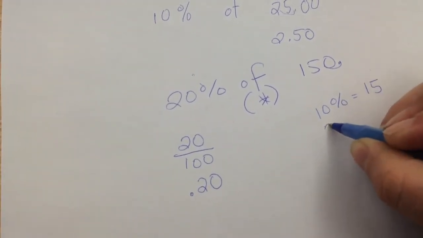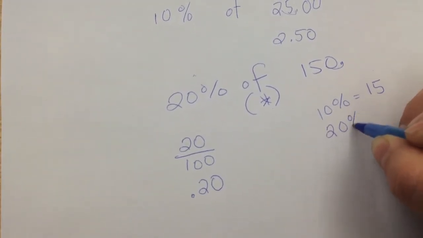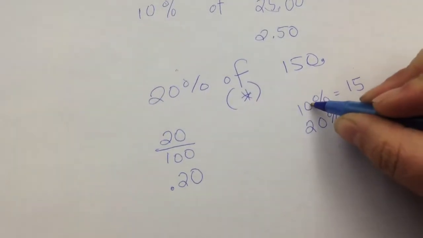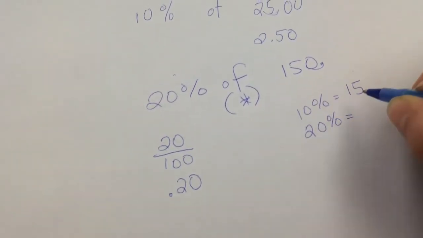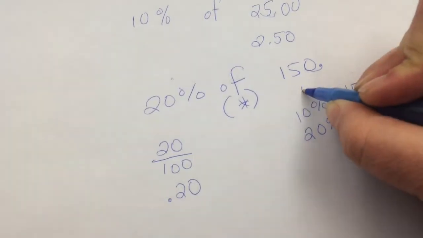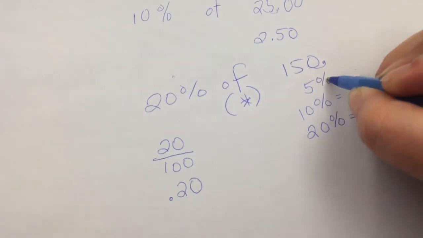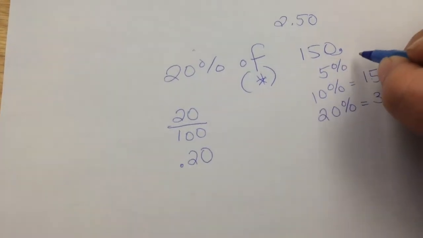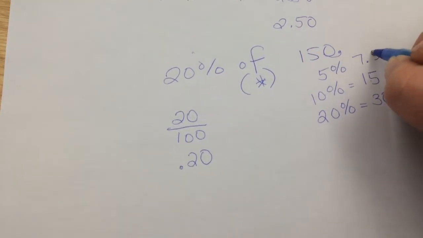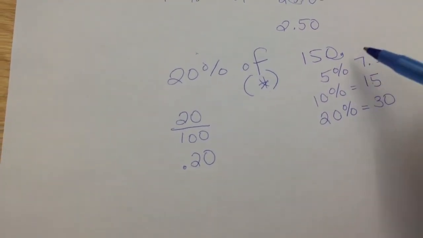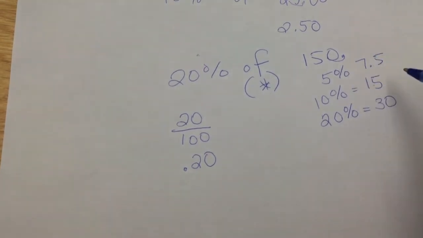So if 10% is 15, 20% is double that, because 10 doubled is 20, and 15 doubled is 30. In the same respect, 5% would be half of 15, which would be 7.5. And 15% would be 15 plus 7.5.